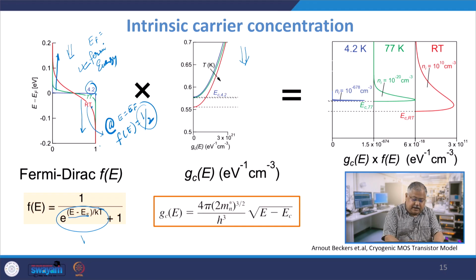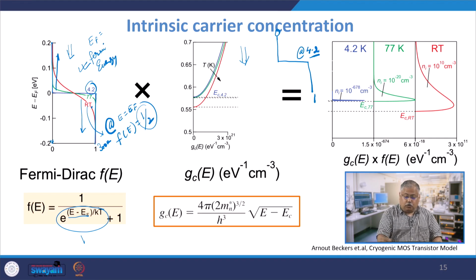What it states is that at 4.2 Kelvin, the probability of finding the electron below the Fermi level is 0. The blue curve actually touches this axis, which is 0 probability, and above the Fermi level it is 1. So, it is more of a step function which you see for 4.2 Kelvin.